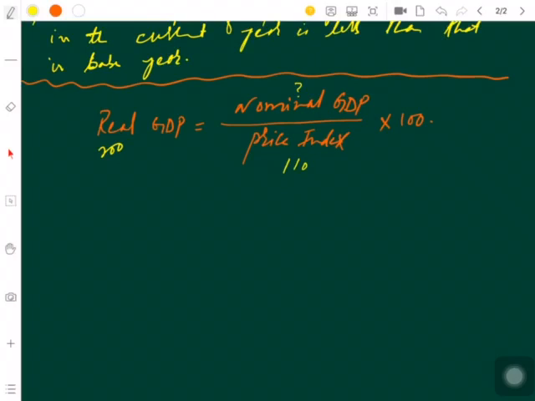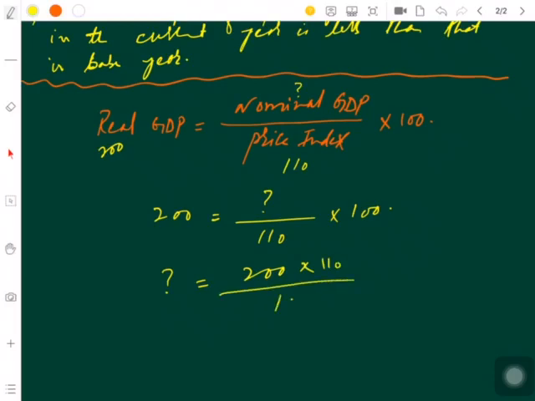So 200 is equal to nominal GDP divided by the price index 110, multiplied by 100. Taking nominal GDP out, it is 200 into 110 upon 100, which will be equal to 220.